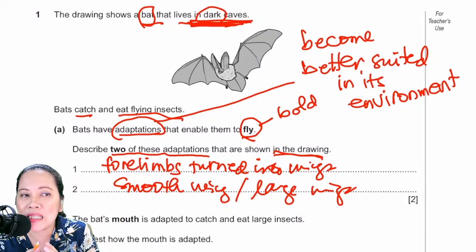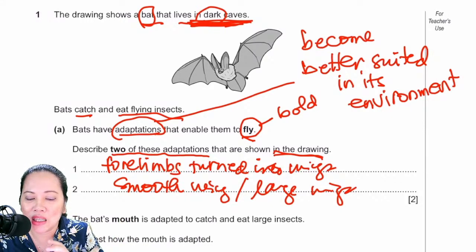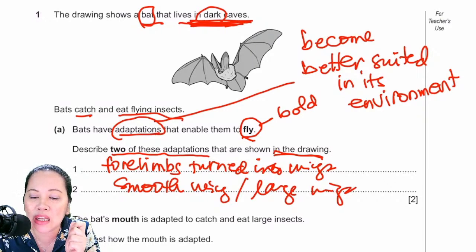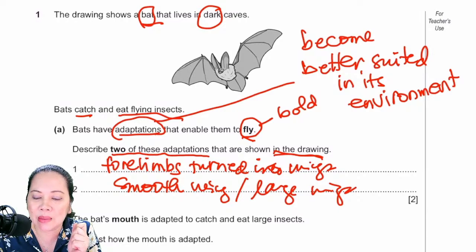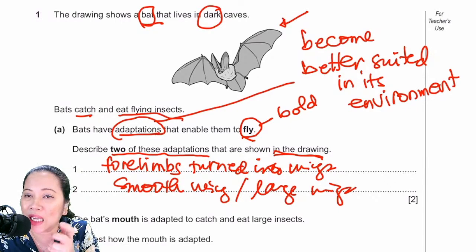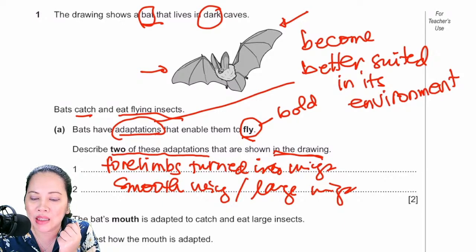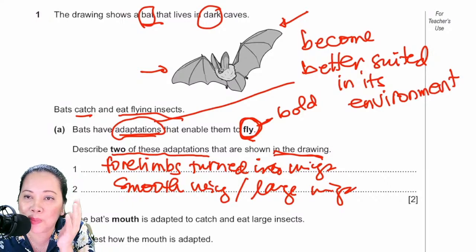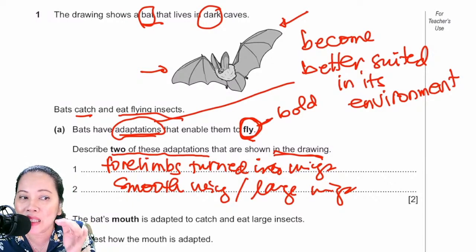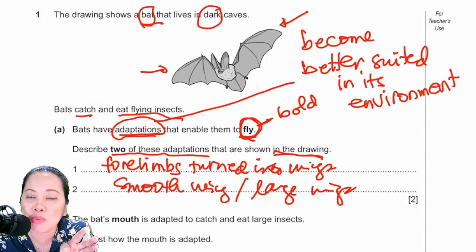Now, when you answer such a question as this, you have to read each and every word. These are your keywords. The word dark, that's a bat, and of course the drawing. What can you see on the drawing? The wings, right? And what else? Adapt and then fly. Because of the word fly, this is being highlighted. That means that your answer must be "enable them to fly."